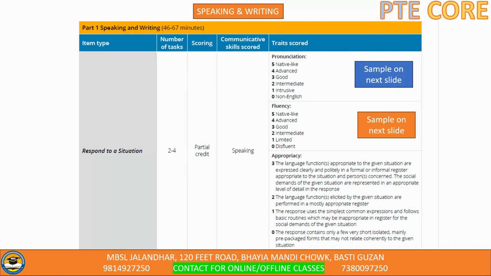You get only 1 point if the response uses the simplest common expression and follows basic routines which may be inappropriate. Means there is no tone, there is no dialogue. If you're using that simple kind of tone, simple kind of words, then of course you remain at only 1 point. So this is about the response to a situation.